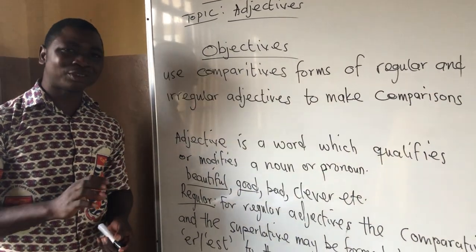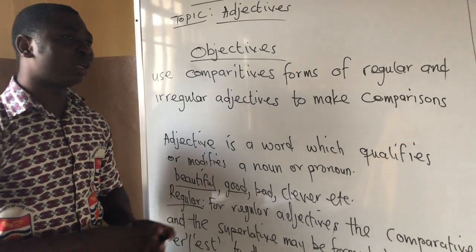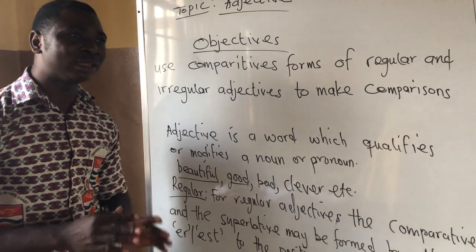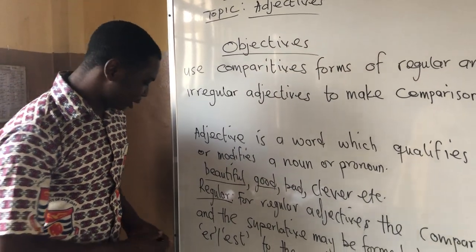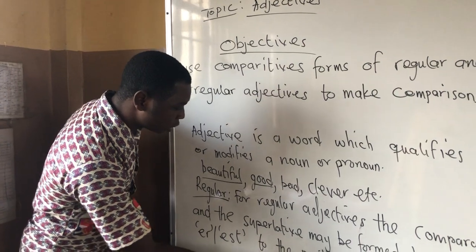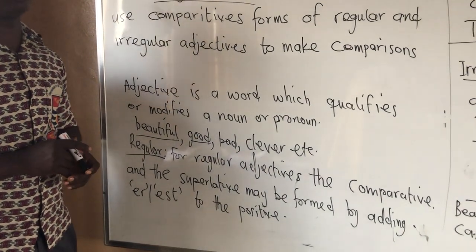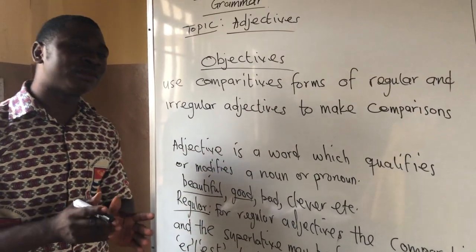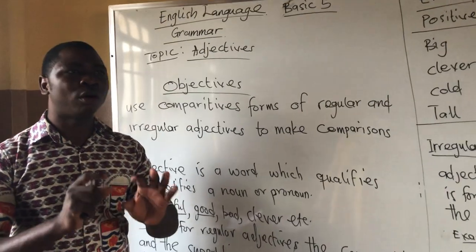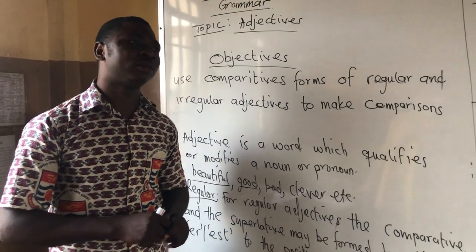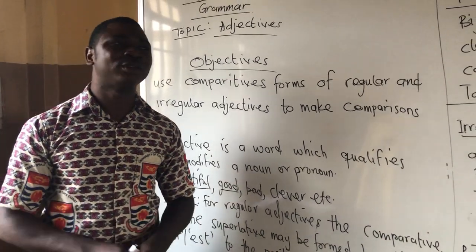So, when you want to form the comparative form and the superlative form of an adjective, we add er or est to the positive in the regular adjectives. Before then, adjectives have three main degrees of comparison.